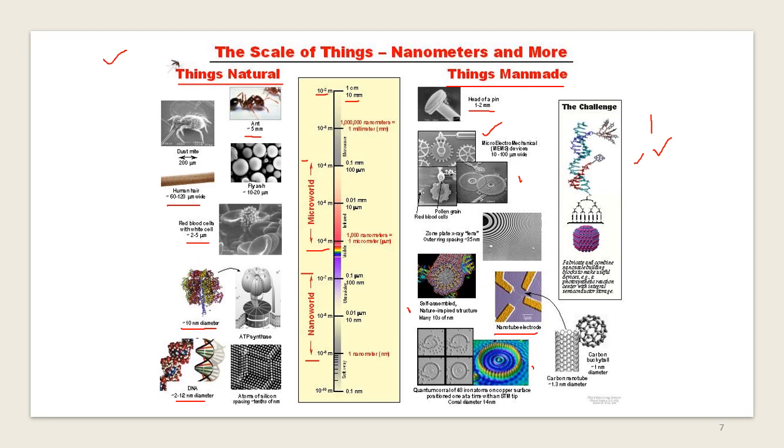So this is the thing. Man has been challenged to use this technology, and he is able to apply the knowledge and find the ways in which these materials can be created.